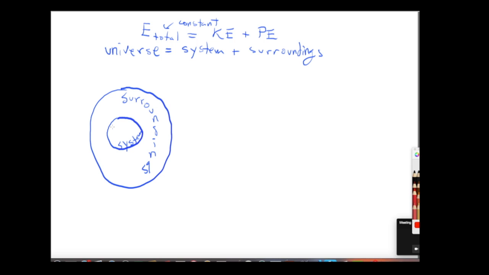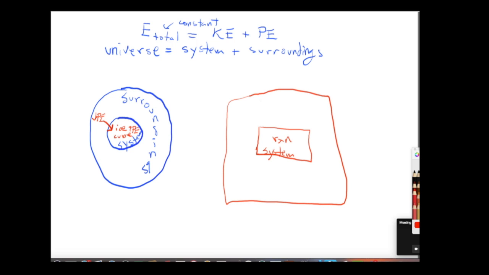As an example, if this was the ice cube, in order to melt it, the surroundings is going to have to go down in potential energy and the ice cube is going to have to go up. The other way I'm going to represent it will be using boxes. Here would be my system, whatever it is, it could be a chemical reaction, for example, and the surroundings is everything around that. By using pictures, we can keep track of what's going on.